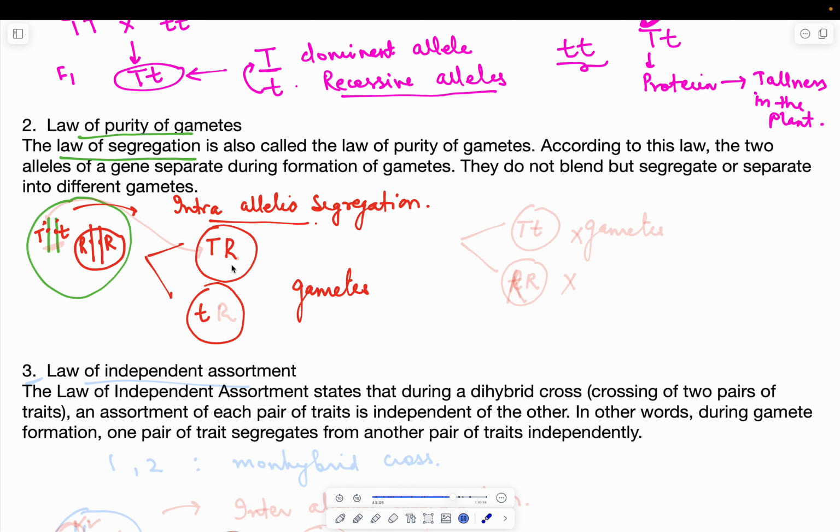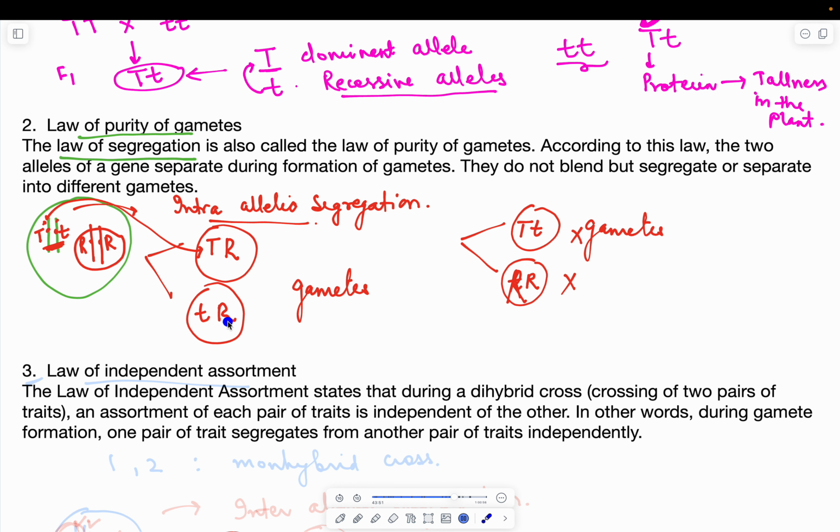One will go into one gamete, another will go into another gamete. There is no such relation that both the alleles together go into the same gamete. Such kinds of gametes are not possible. By rule, this pair of alleles has to segregate independently of each other, so one chromosome will go to this gamete and the other member will go to the other.